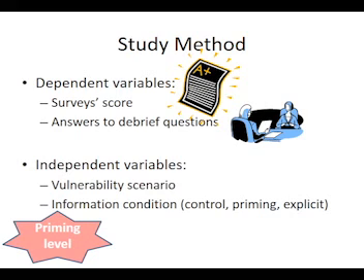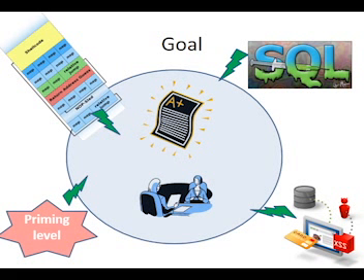And we want to analyze how the developers scored in terms of the security of the code. Also, at the end of this study, we had an interview and a survey, where we asked the developer open questions about the study and everything that happened. Again, the goal is to see how this changed when we varied the vulnerability scenarios and the level of priming.